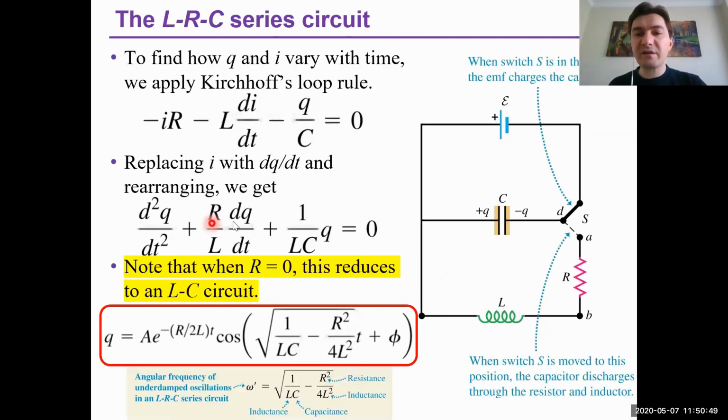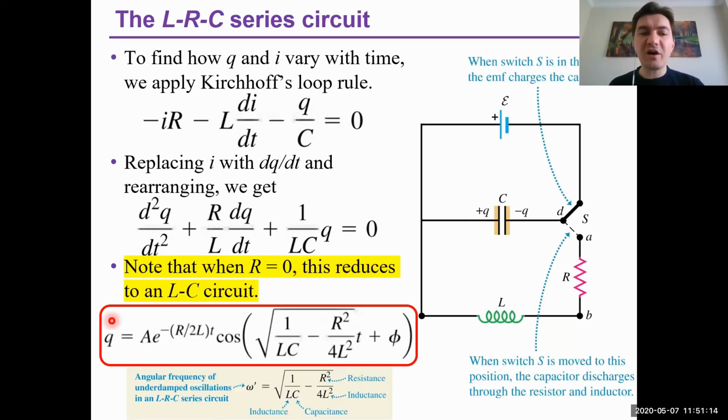If you consider that there is no resistor and the resistance of the system is zero, then this term is zero, then this equation goes to LC circuit, okay? So this is the main difference between LC circuit and LRC circuit. So if you solve that equation, you can get the expression for Q.